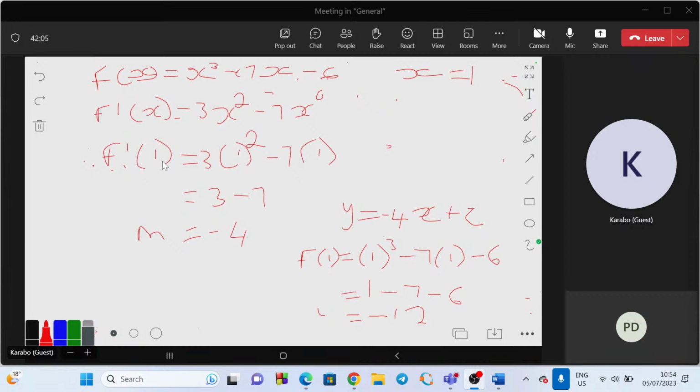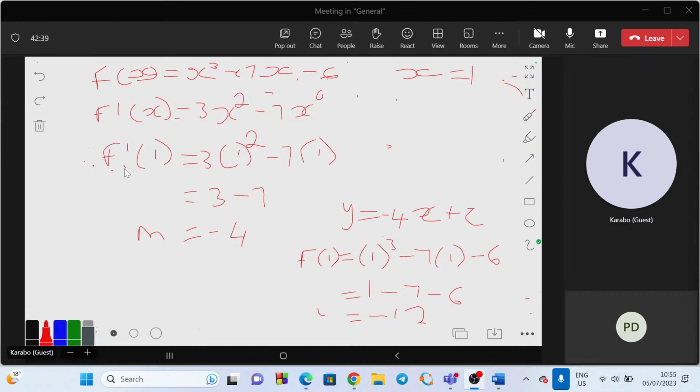When you substitute 1, it's going to be 3 in brackets 1 to the power 2 minus 7. It's still fine, but the way you have written it looks as if you were making a mistake. Before you substitute 1, you show that x to the power 0 is 1. Then you just write your equation as 3x squared minus 7.